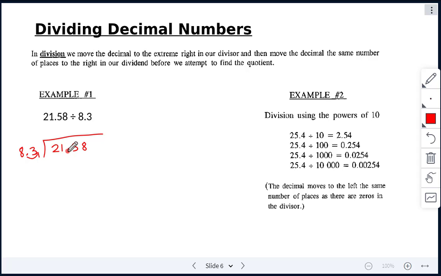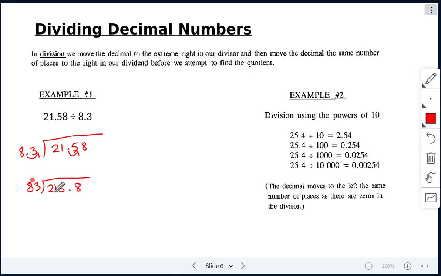And therefore, we have to move it the same number of decimal places in the dividend. So we're going to move this one decimal place as well. All right, so now if we were to rewrite this now, it looks like this. So 83, and the dividend is 215.8.